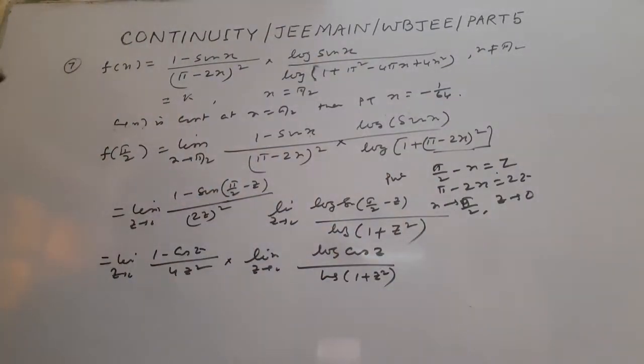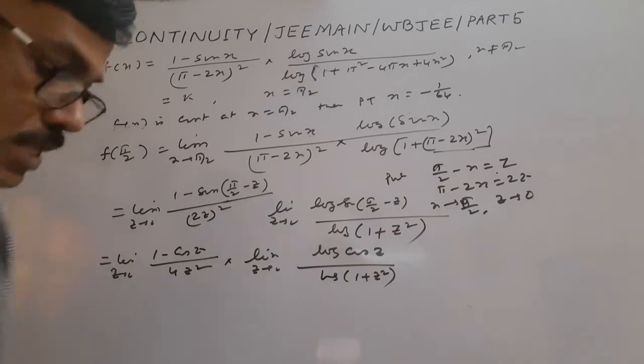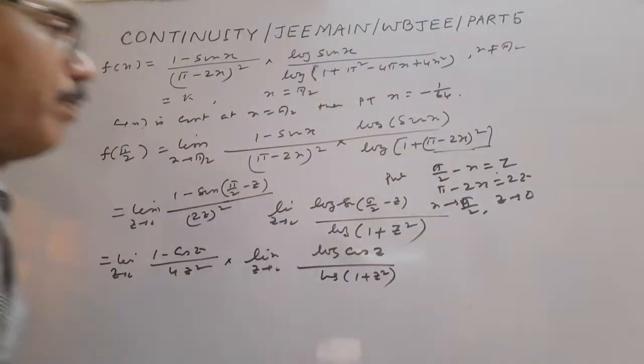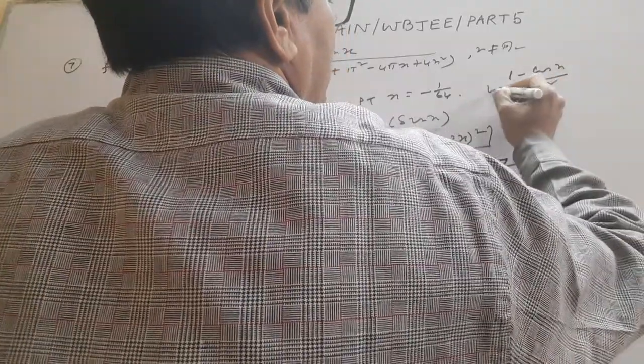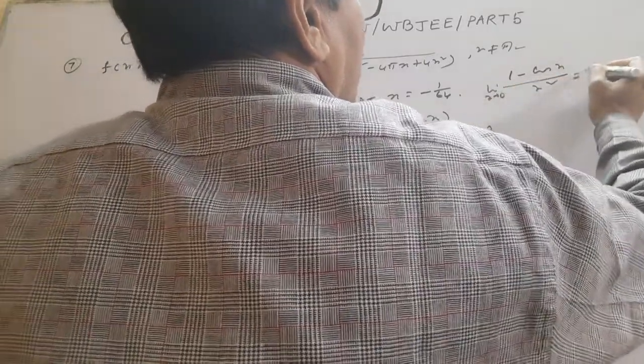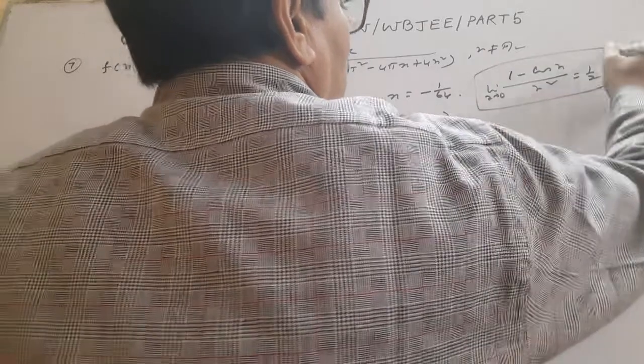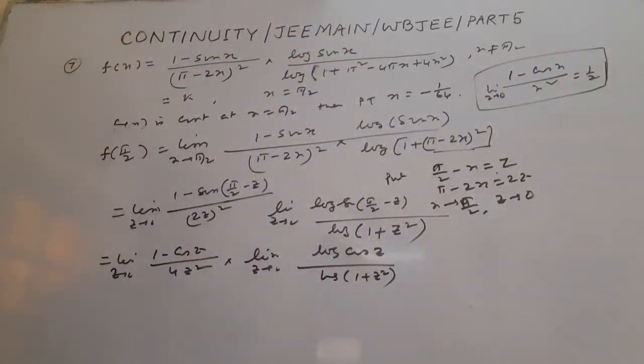So this is up to this. Now we know 1 minus cos x by x square, limit x tends to 0, is half. Do not prove it, it is a problem of competition. So you write 1 by 4 into half.